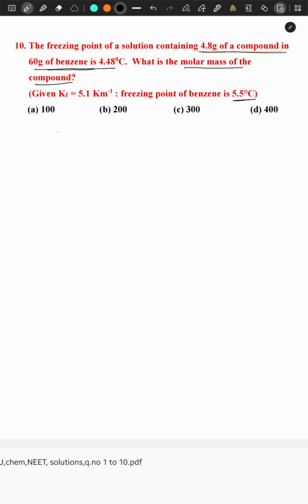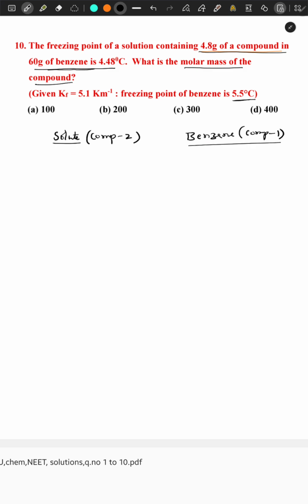So it is very clear, they have given a certain compound that we can consider as solute. You know that solute is always treated as component 2, and of course they are dissolving it in benzene. So benzene will be component 1, that is the solvent.